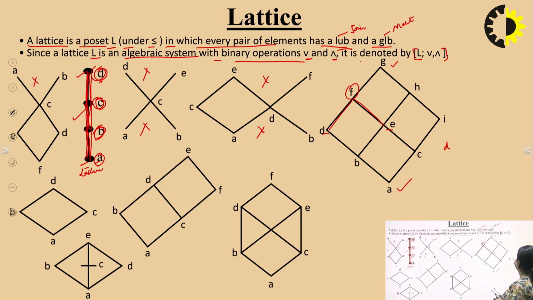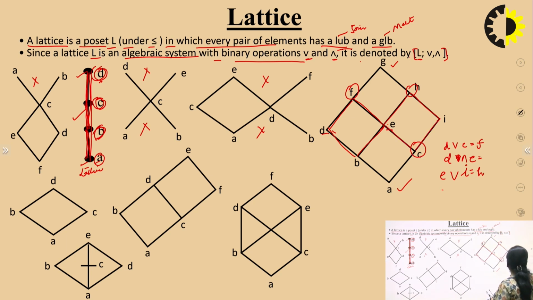D and D, we have join as F. For D and E, we have the meet, the very first point of meeting at the lowest, B. Now E and I. For E and I, we have H as the very first point of meeting, so the join for E and I is H. What will be their meet?